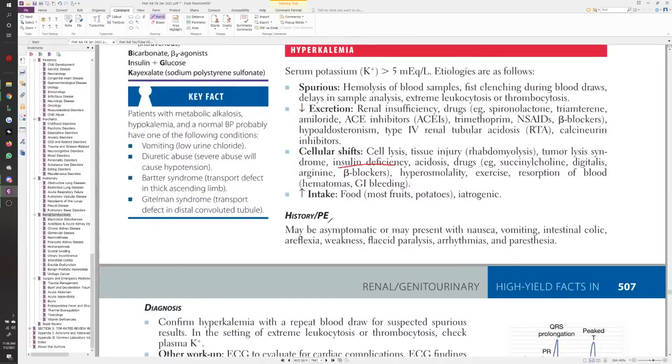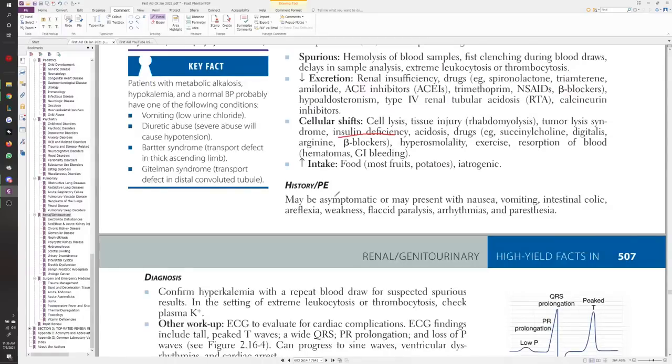So what is the patient going to present with? Pretty weird symptoms. Maybe asymptomatic, which is the hardest part, but the patient may just present with nausea, vomiting, a little colic, loss of reflexes, some weakness, arrhythmias, paresthesia. You're going to be lost because you won't really be able to figure out what is actually wrong, right?